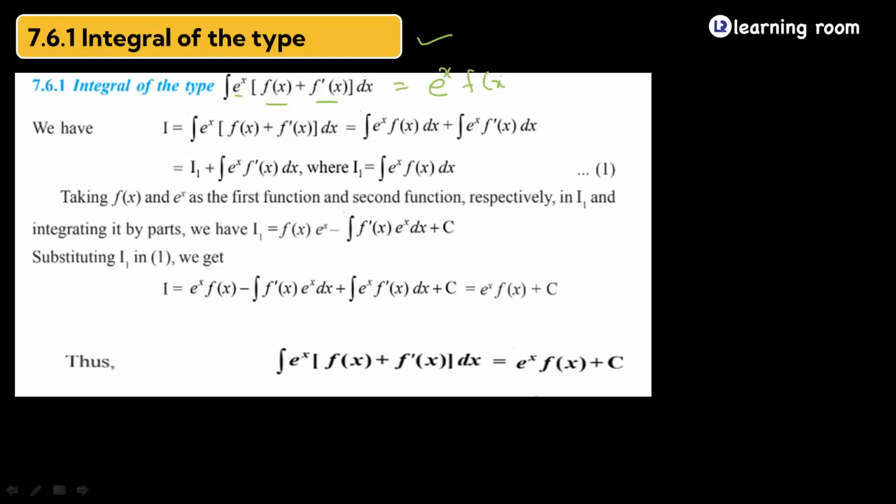The reason for that is very simple. Listen to this. If you take this to be the function, first what I suggest is copy this. Integral of e power x into f of x plus f dash of x is equal to e power x into f of x plus c.